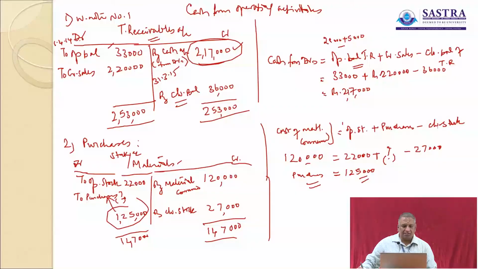Now we have calculated purchases. The purpose of calculating purchases is to find out cash paid to suppliers. So you can take this as working note number 2. When it comes to purchases, there can be cash purchases as well as credit purchases. When the question has not given any information with regard to cash purchases, we have to presume.